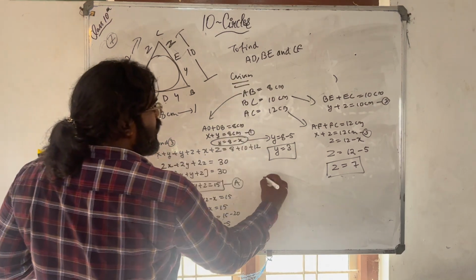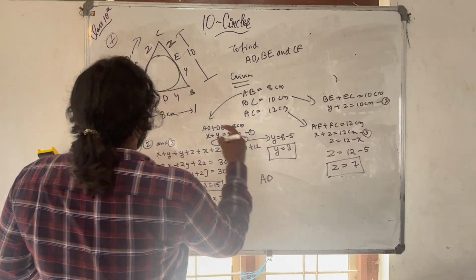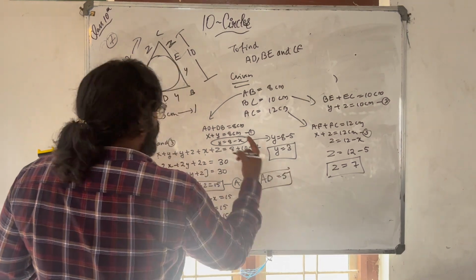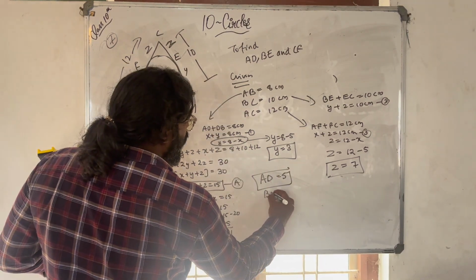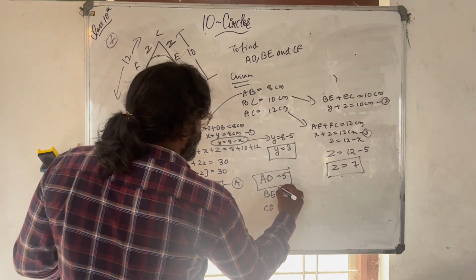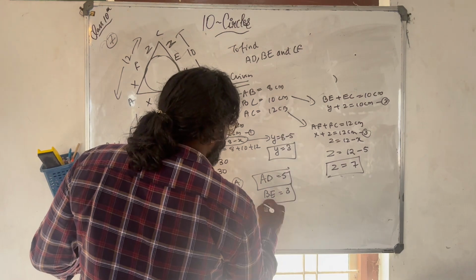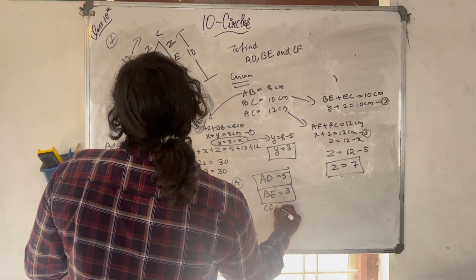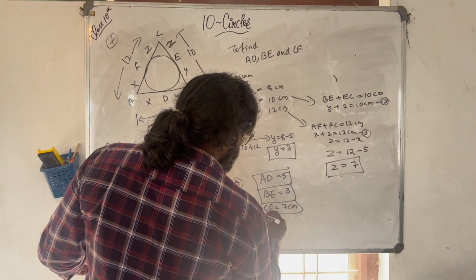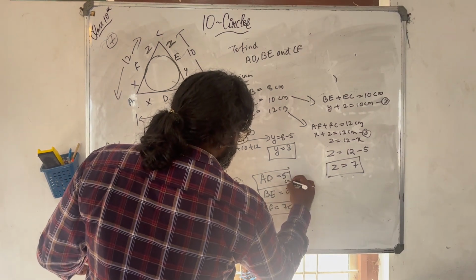Now what do you have to find? AD. AD is X. X is 5. Done. And BE is your Y. Y is 3. Over. And CF is your Z. Z is 7 centimeters.